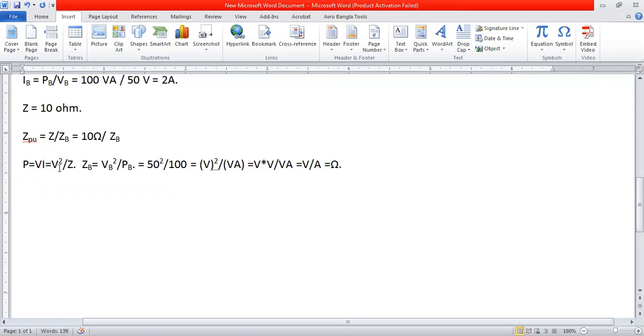So this is the base value of voltage, so base value of voltage square divided by power base. So this is the equation of impedance base, that is the voltage base square divided by power base.